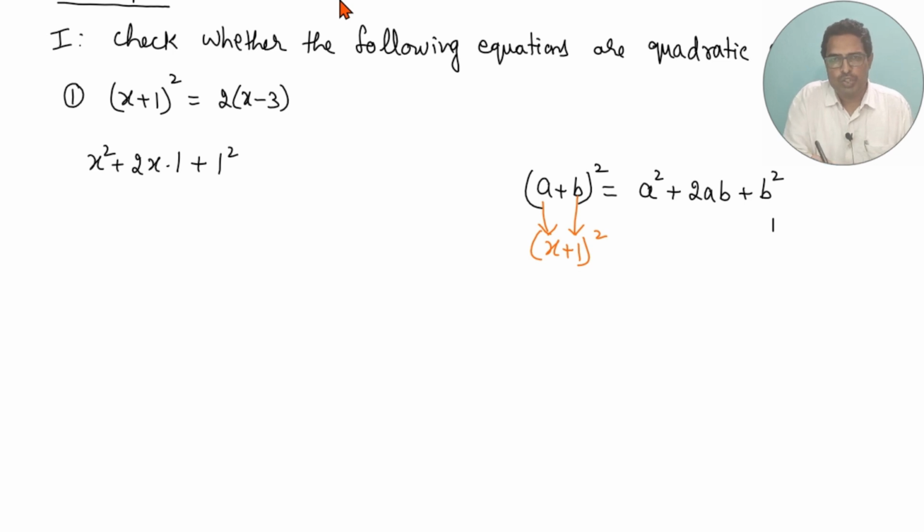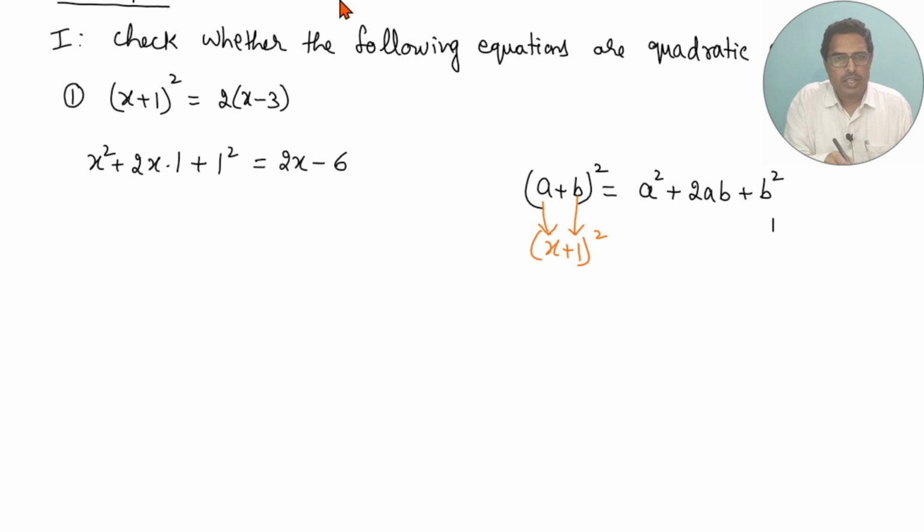I've just used this formula, a square plus 2ab plus b square. Are you getting this one? On the right hand side, let us multiply this 2 inside. 2 times x will become 2x, and this minus sign is there as it is. Again multiply this 2 with 3, so 2 times 3 will be 6.